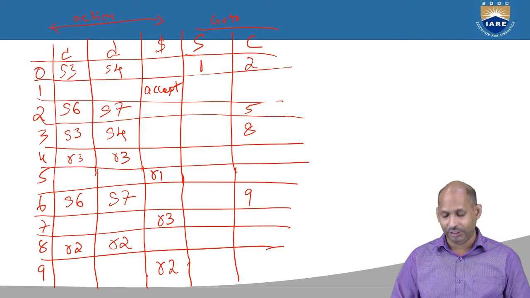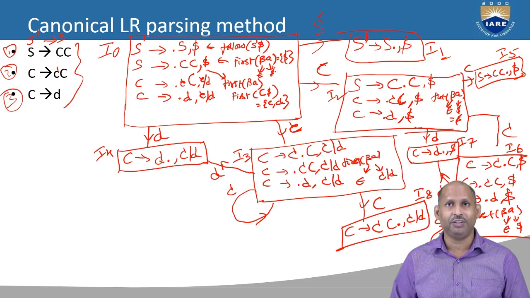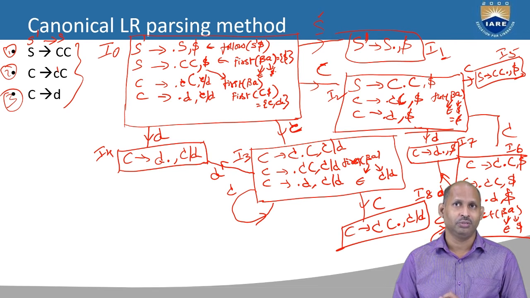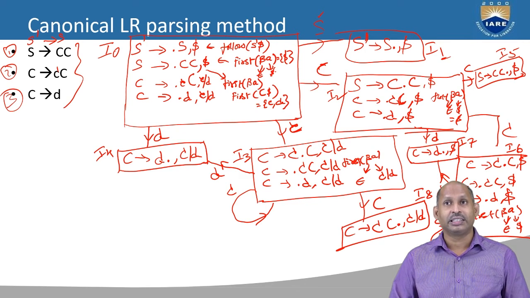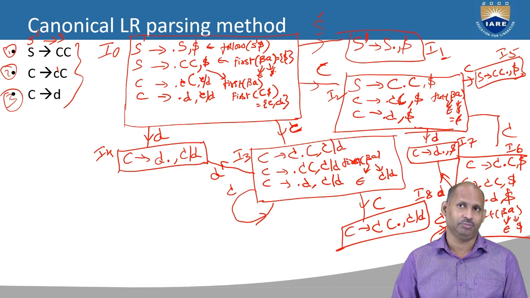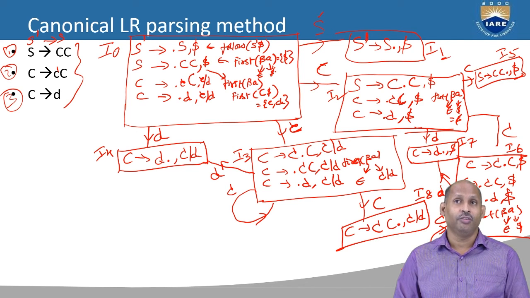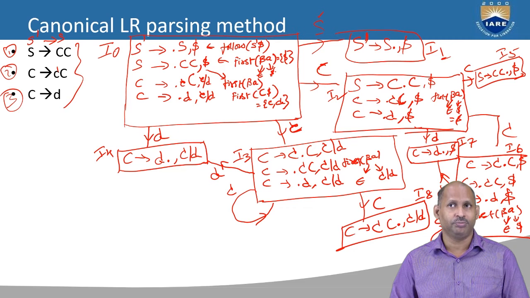Right? So, for a given grammar, we have to add a new production, S dash gives S. Then construct all the closure groups and also the go-to operations, the DFA of the closure groups, from which we construct the canonical LR parsing table. Right? So here there are two things we must remember.